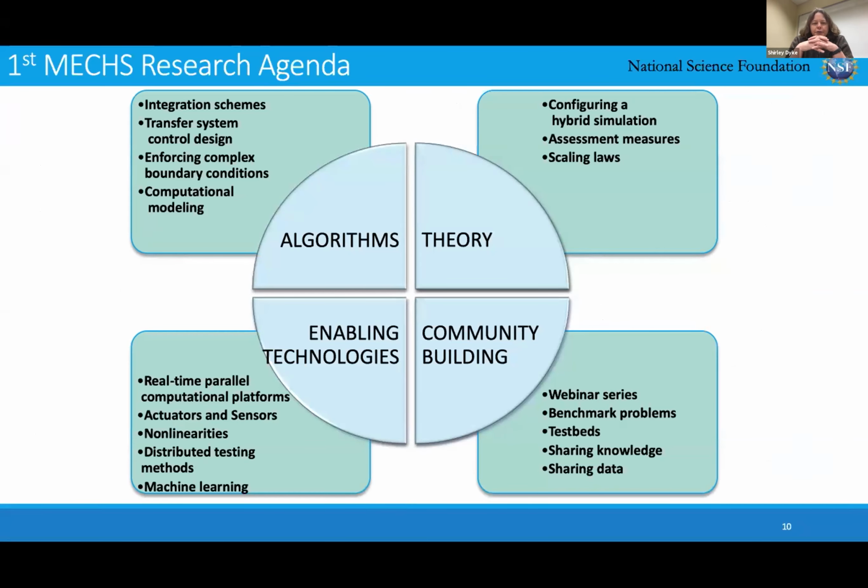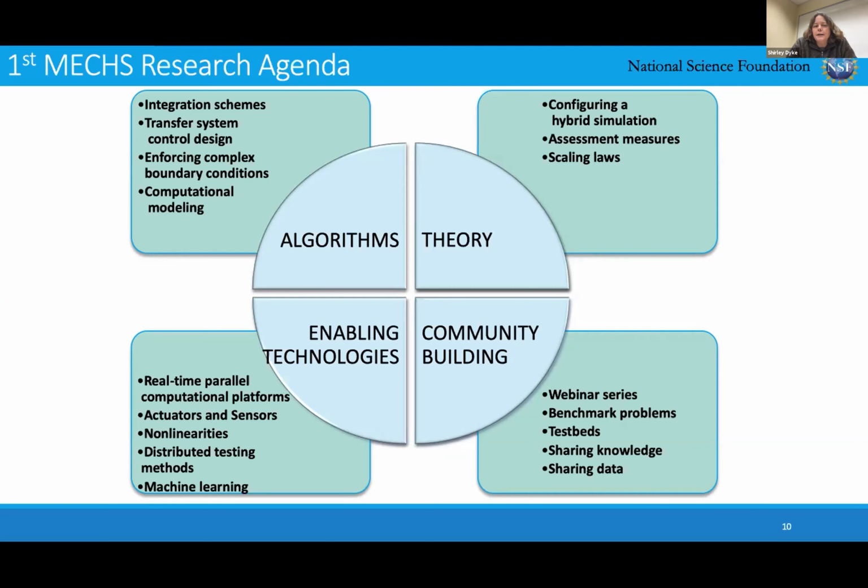So the research agendas for the MEX community, the way that we've organized them is in the following categories. If you look in the document, you can obviously find a lot more information. It's not a long document, it's maybe 8 or 10 pages long, but we really focus on the things that people have been talking about today. The algorithms that are needed, the integration schemes, the control algorithms that are needed in order to really do, especially real-time hybrid simulation, some of those things.